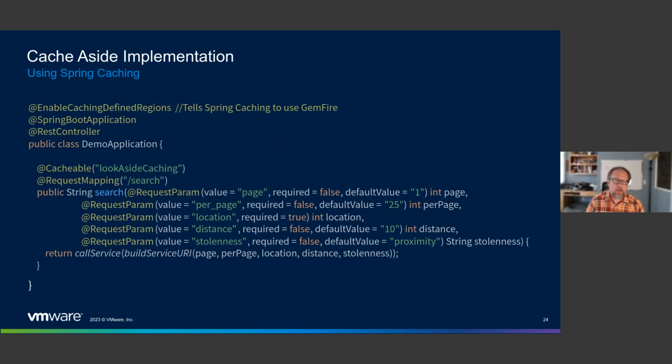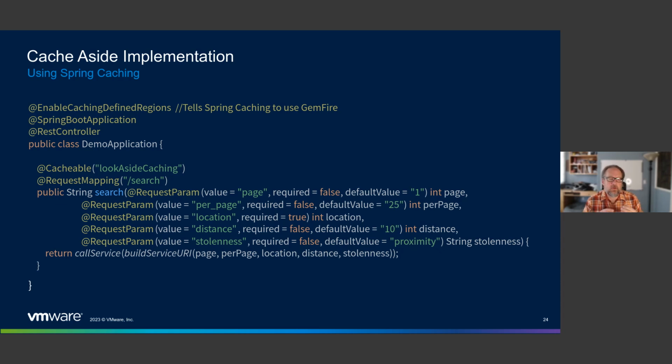Let's go ahead and look at the Spring version of this. So Spring has a concept of Spring caching, and how you enable that, or what does it look like? Well, you could just say that this method, right? I don't know if my pointer shows up here, but I'm looking at the @Cacheable look-aside caching.